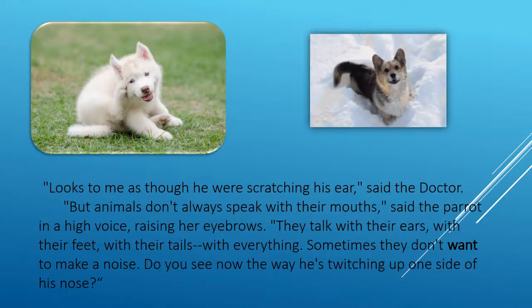You do exactly the opposite of that. You scream, you cry, you don't talk to anyone. In the same way, animals also express through their expressions and gestures, with their feet, with their ears, with their tails. Students, animals also have emotions and feelings as we humans have.